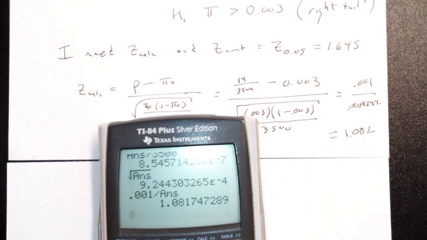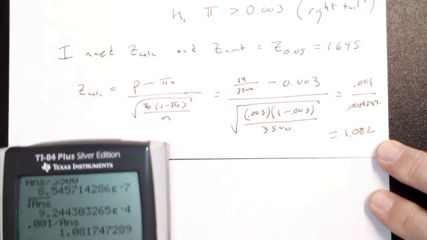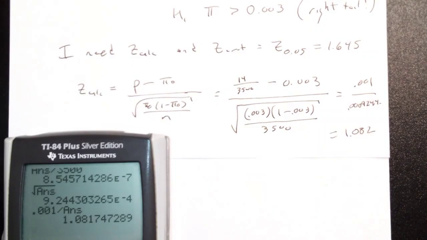I'll call it 1.082. 1.08 would actually be good enough because my z table only goes up to 2 decimal places. So this is our calculated answer. Now make the decision.